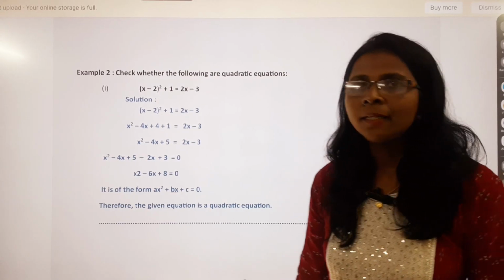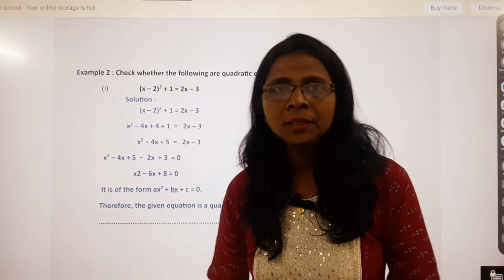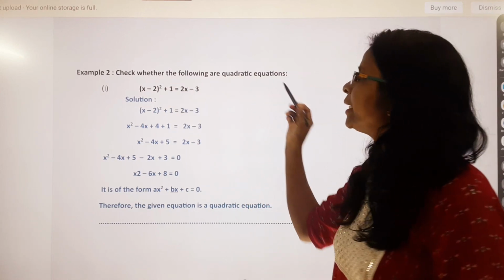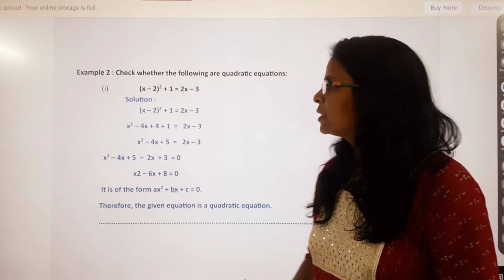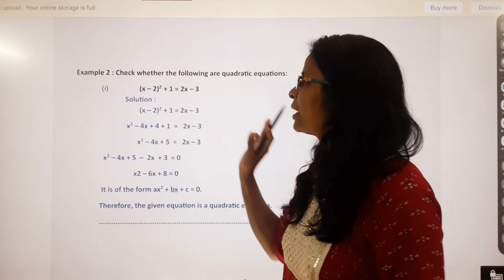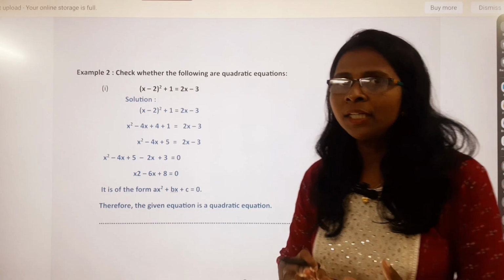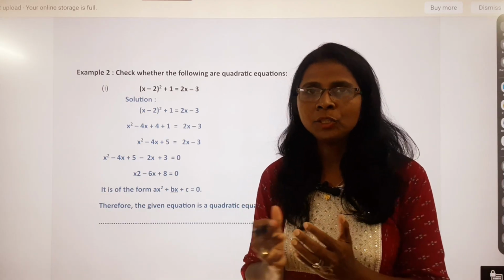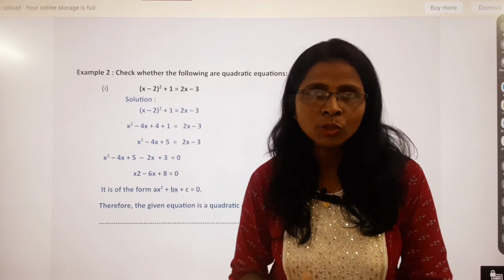Students, let us see the second type of example. The instruction is to check whether the following are quadratic equations. First example: x minus 2 whole square plus 1 is equal to 2x minus 3. How can we check whether the given equation is a quadratic equation or not?